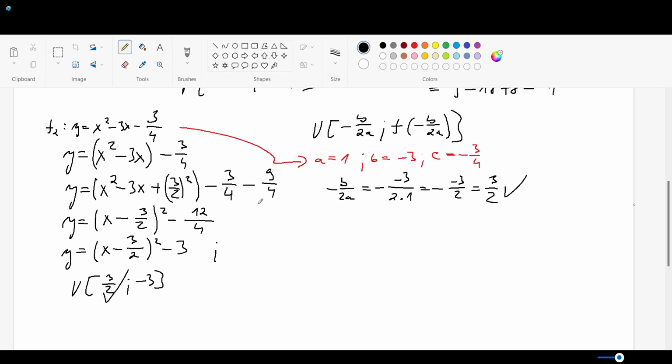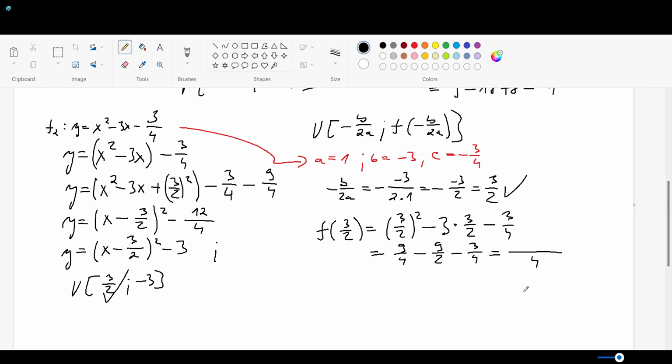Now we have to calculate the value of the function at 3 over 2, which is equal to 3 over 2 squared minus 3 times 3 over 2 minus 3 over 4, which is equal to 9 over 4 minus 9 over 2 minus 3 over 4. So you look for the common denominator, which is 4.